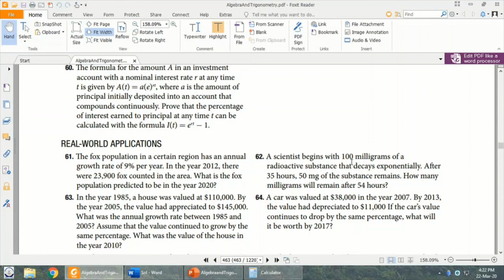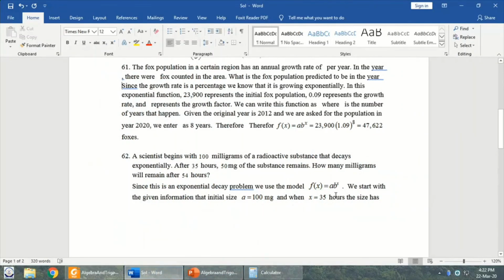So, this is A, and then after 35 hours, let's just do this, A times b^x. As I said, A is 100 mg, and 35 hours, because we were doing the columns. I said that there are 0 hour, 1, 2, 3 up to 35 hours in the initial example.